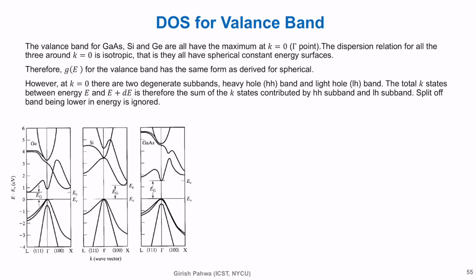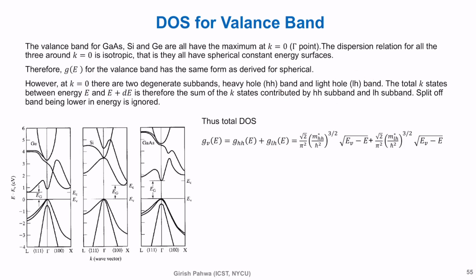So one will be the heavy hole branch, one will be the light hole branch. So total density of states will be density of states for the heavy hole branch plus density of states for the light hole branch. And both the branches are at gamma equal to 0. So both of them will have spheres, right? Both of them will have spherical constant energy surfaces. So for the sphere, we know what's the formula.